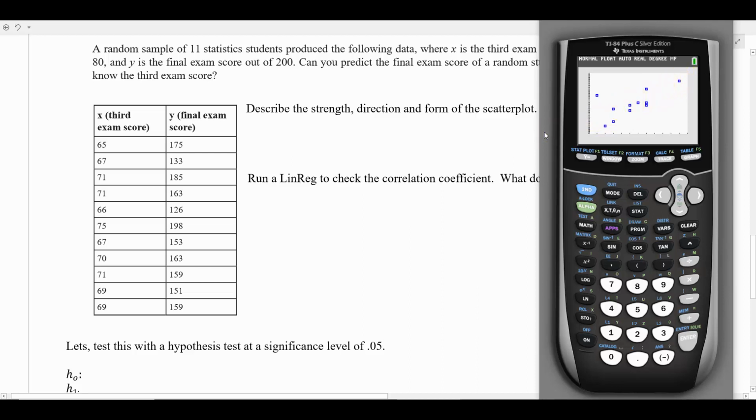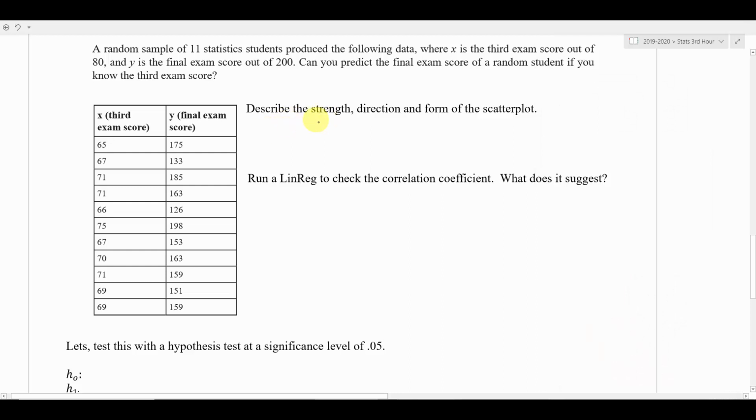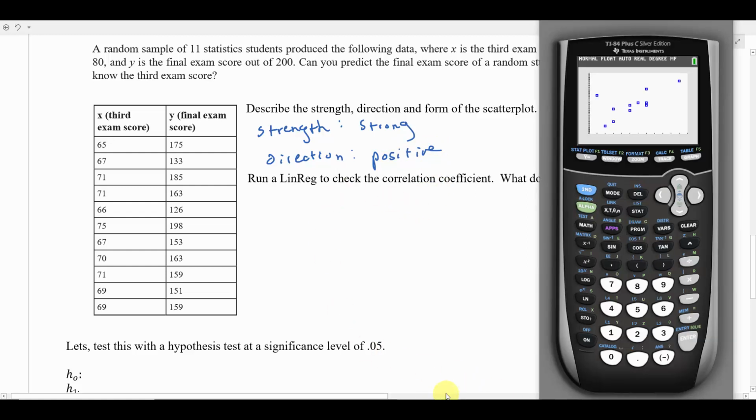So with visual inspection, just describing the strength, direction, and form: we saw a linear form, the strength was strong, it looked like a pretty strong correlation, and its direction was positive. It was going up and to the right. All right, so I'm going to run a LinReg here just to check its correlation coefficient. So I'm going to go stat, calc, option 4, and again, I'm going to change my list to list 3 and list 4.